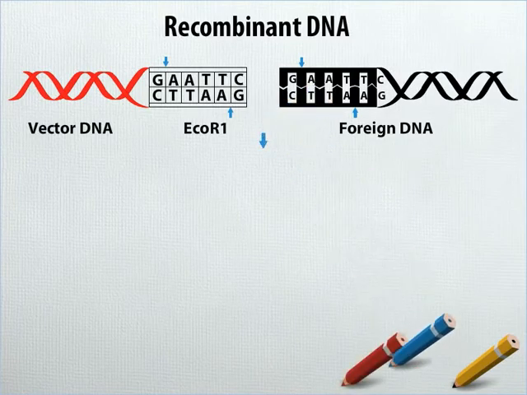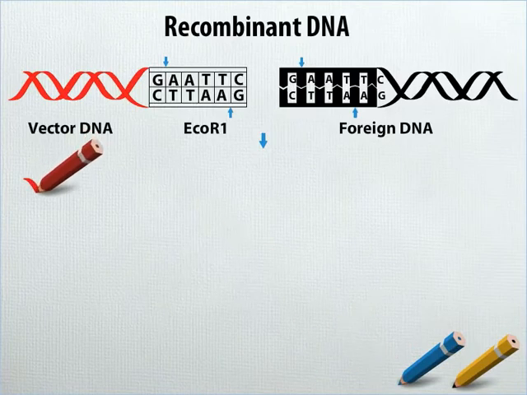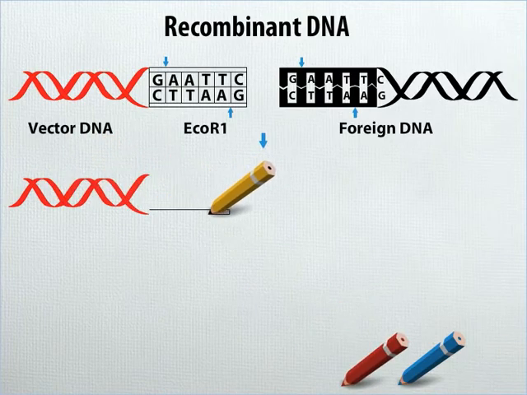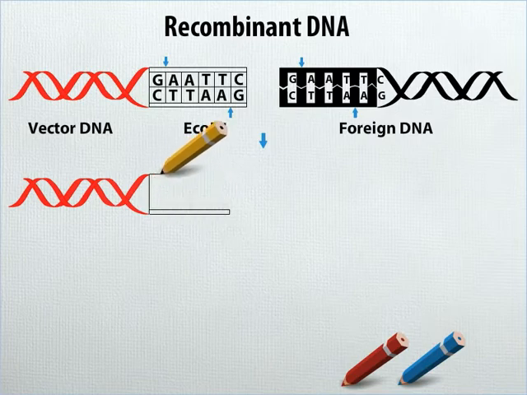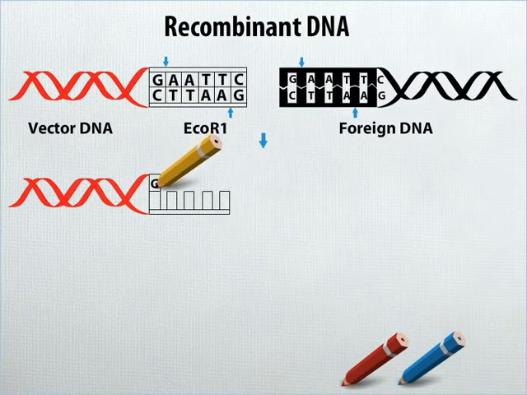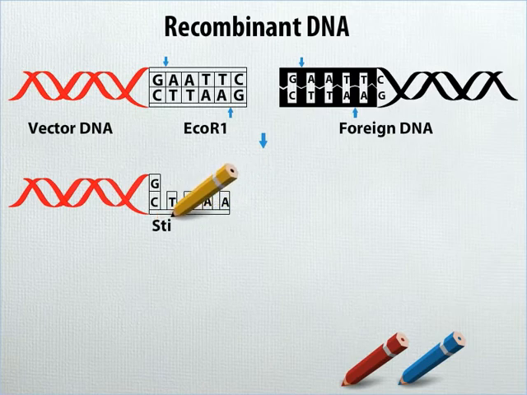Draw an arrow pointing downwards. Again draw the vector DNA. However, in the uncoiled part, do not draw the portions to the right of the arrows. Label this remaining part of the uncoiled DNA as sticky end.